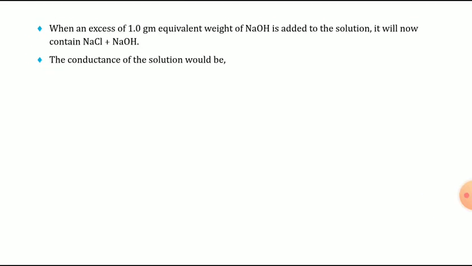When an excess of 1 gram equivalent weight of NaOH is added to the solution, it will now contain NaCl plus NaOH. That means when we add excess after the neutralization, after the equivalence point, when we add extra sodium hydroxide solution from the burette into the beaker or conical flask, that solution will contain NaCl plus sodium hydroxide.